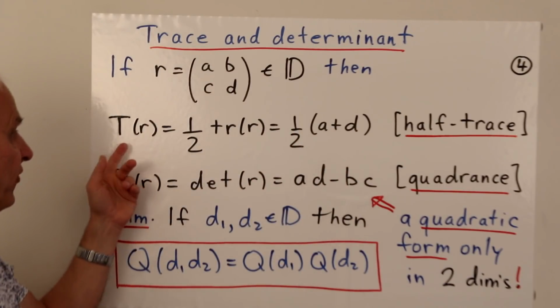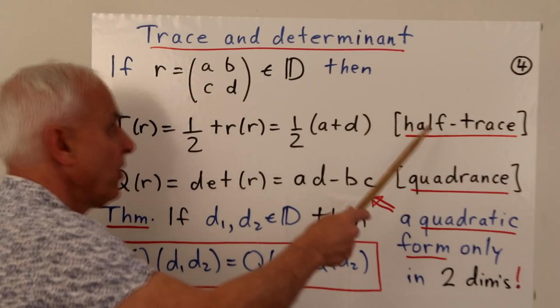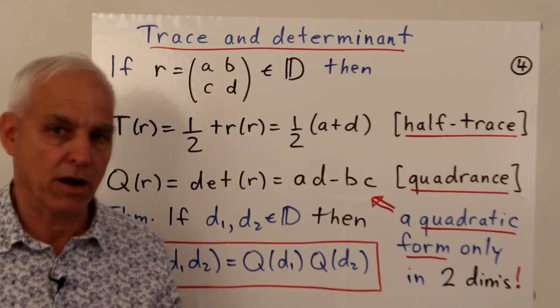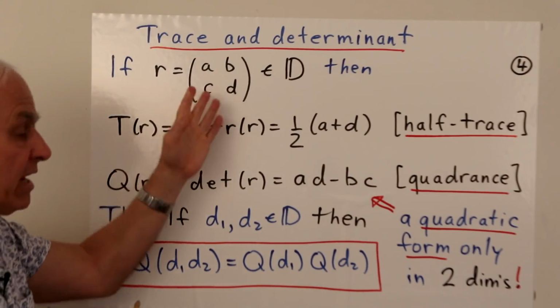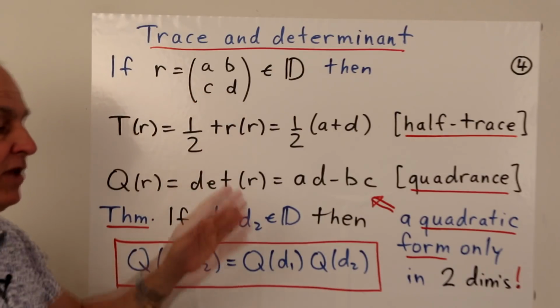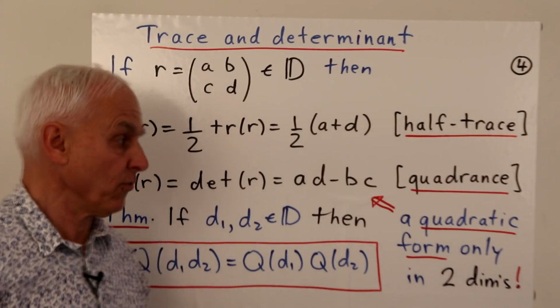Okay, that's a dihedron. Then we're going to define T of R to be 1/2 its trace. The trace of a matrix is just the sum of the entries down the diagonal. So this is A plus D over 2. And we'll call this map or function the half trace of the dihedron R. Notice that if we start with the identity matrix, then the half trace is 1. Trace is 2, but the half trace is 1.